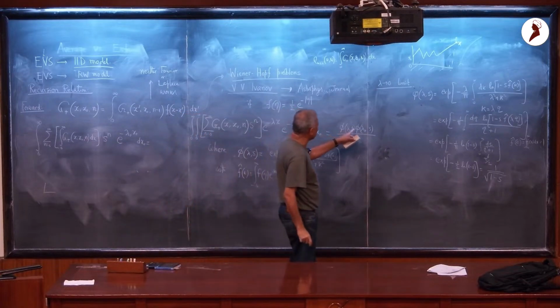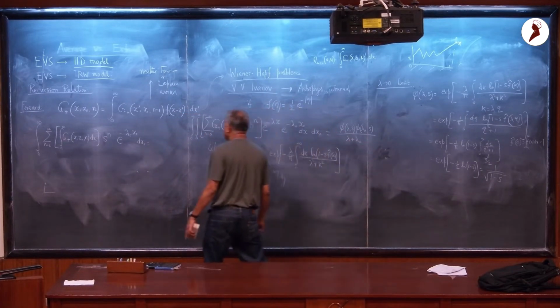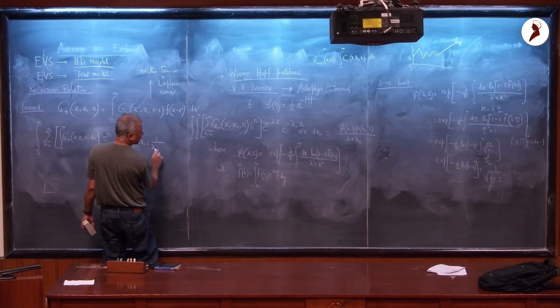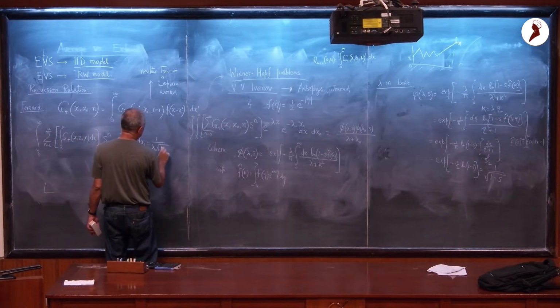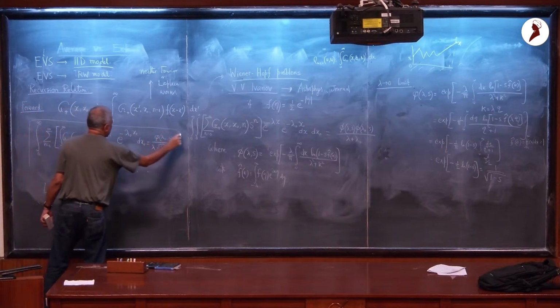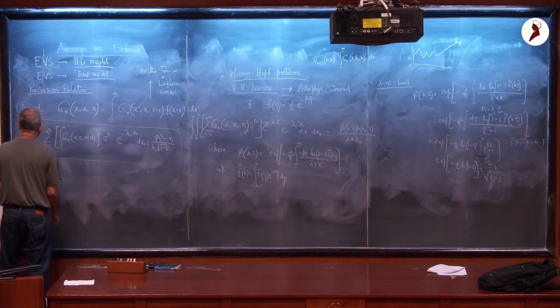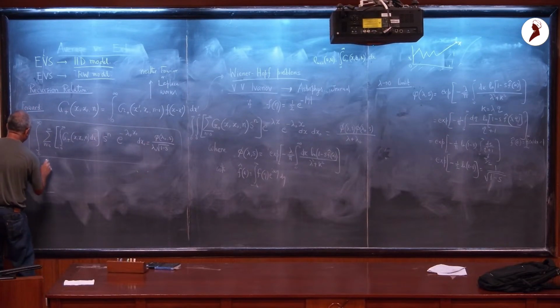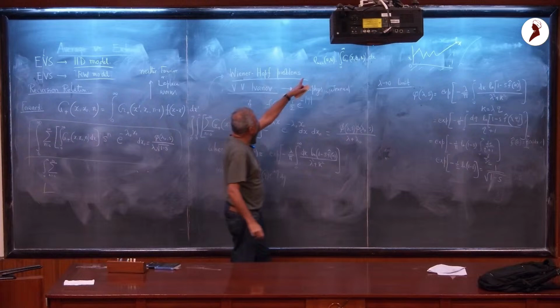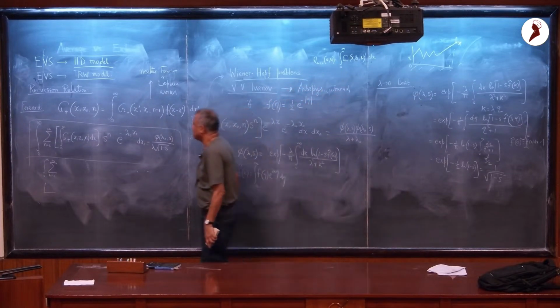So phi of 0, s is 1 over square root of 1 minus s. So this means, and this is exactly our object that we want to know, that is the Q max of A, n.